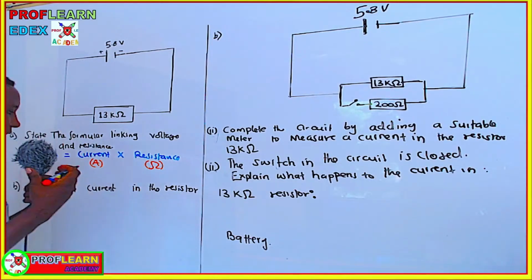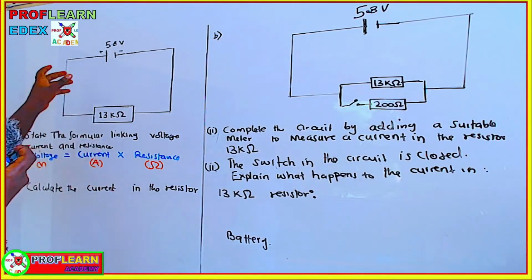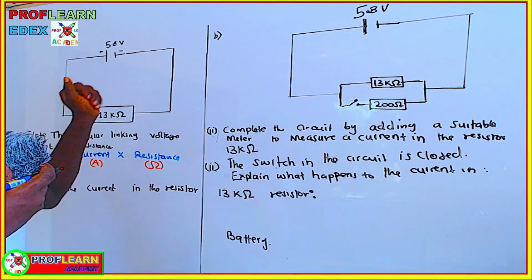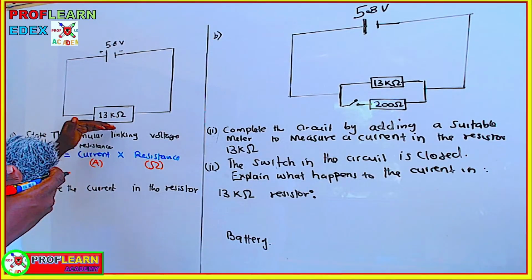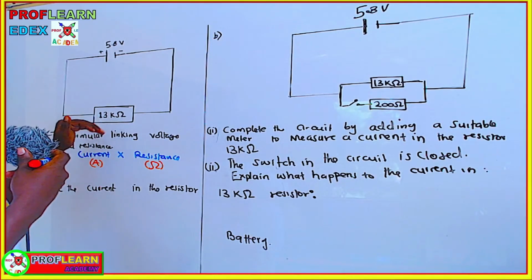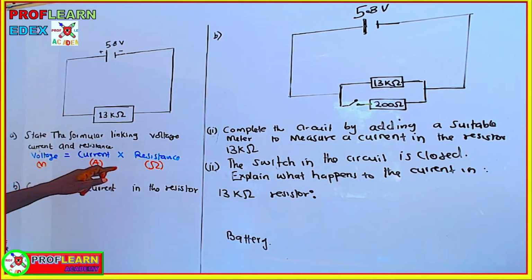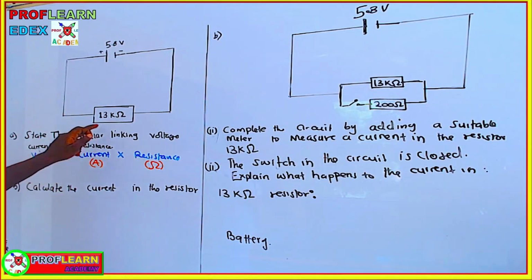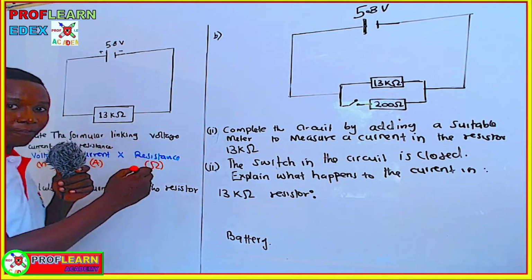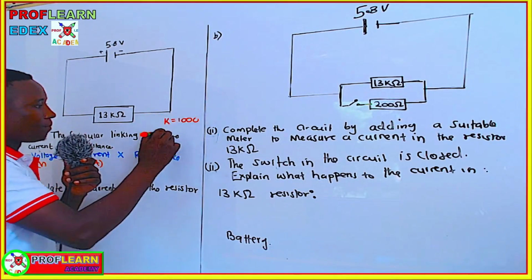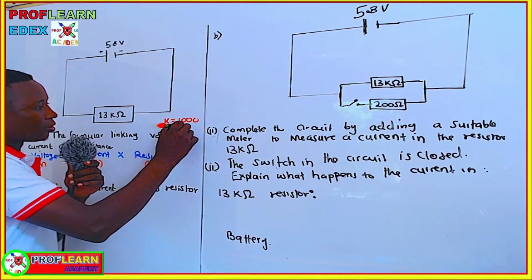Calculate the current in the resistor here, because the voltage in that case is 5.8 volts and the resistance in this circuit is 13 kilo ohms. So that's why I'm saying you must be very careful with the units, because here it is kilo and we know in physics that kilo is the same as 1,000, mega is the same as 1 million.